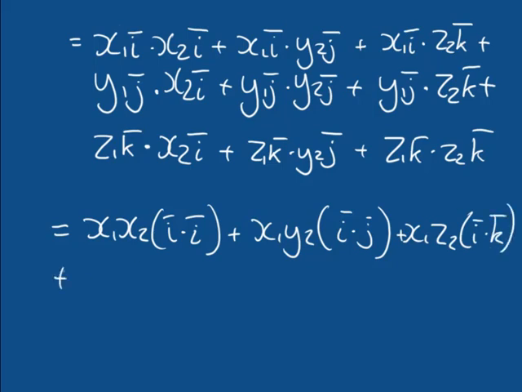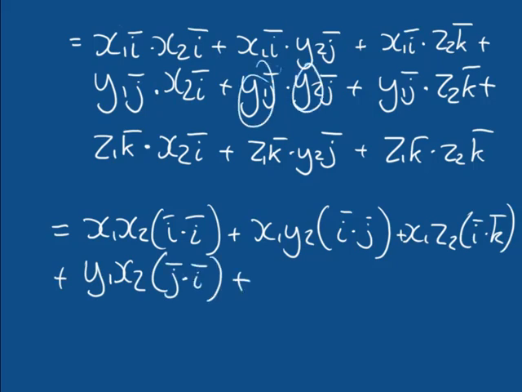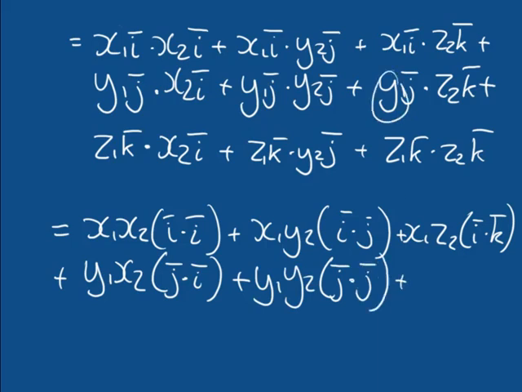I'm going to add to that y1, x2 multiplied by j dotted with i, plus y1, y2 multiplied by j dotted with j, added to y1, z2 multiplied by j dotted with k.